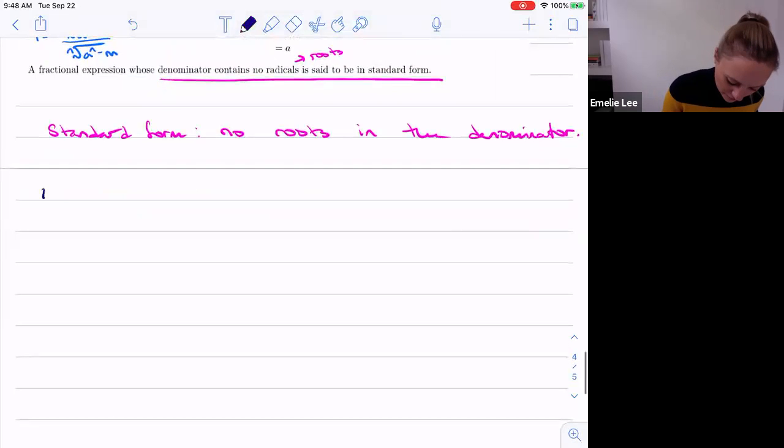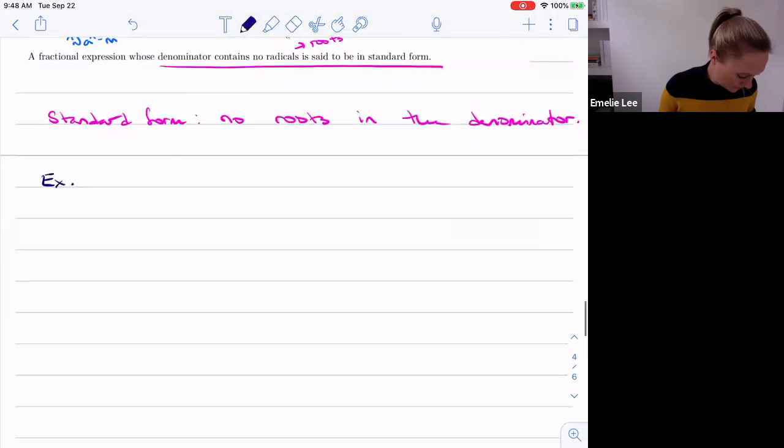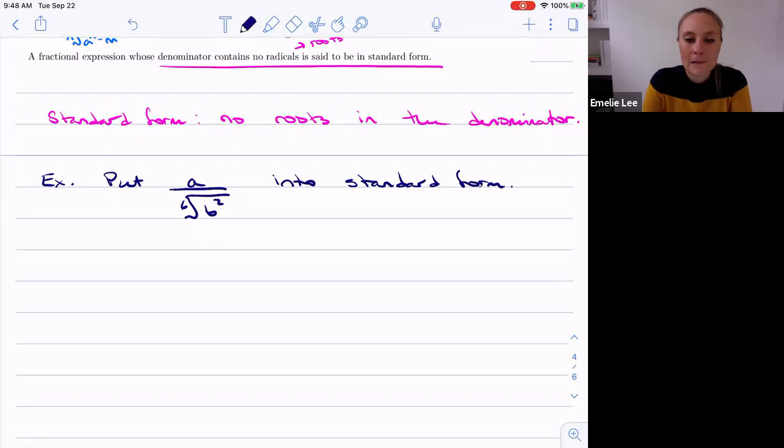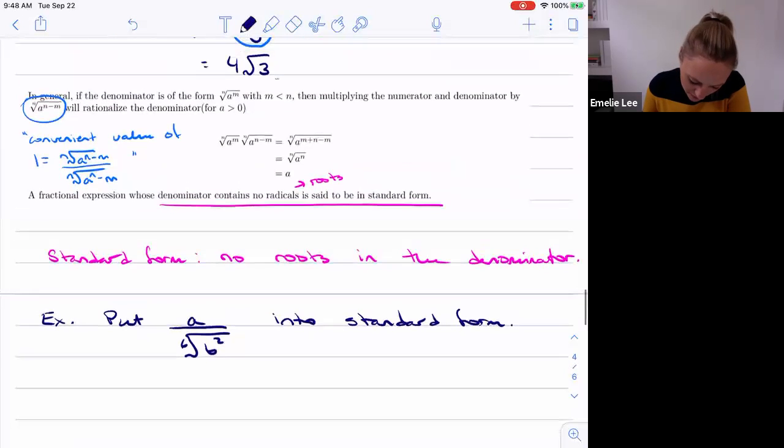So if we do a little example, if I get you to put a over the 6th root of b squared into standard form. So I want you to use this that we just talked about to put it into standard form, right?